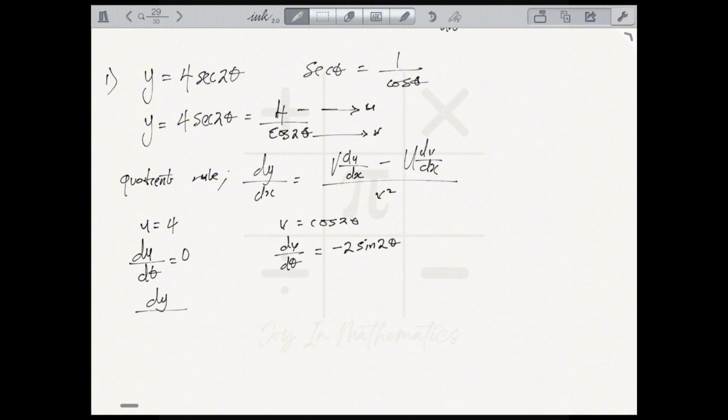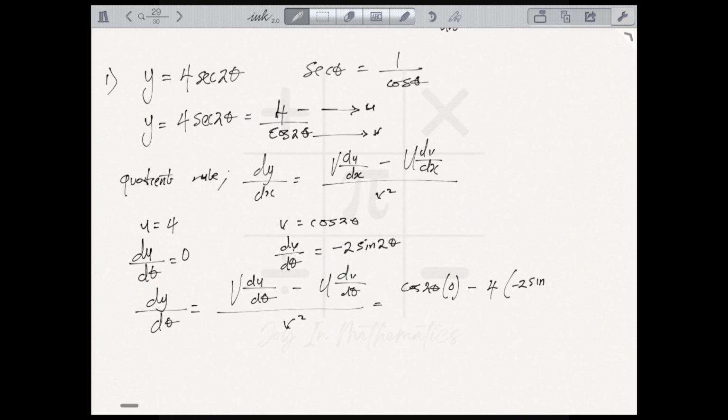Now let's apply: dy d theta is equal to v du d theta minus u dv d theta, divided by v squared. So let's make our substitution. We have cos 2 theta multiplied by du d theta, that is 0, minus u, that is 4, multiplied by dv d theta as minus 2 sine 2 theta, divided by v squared, cos squared 2 theta.